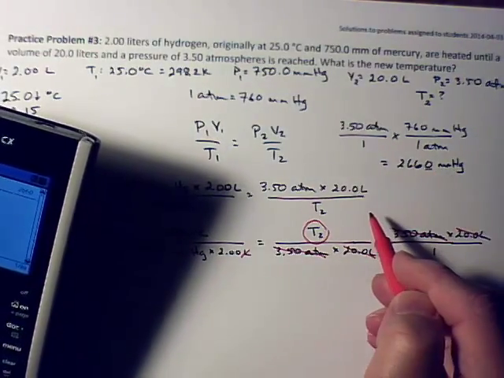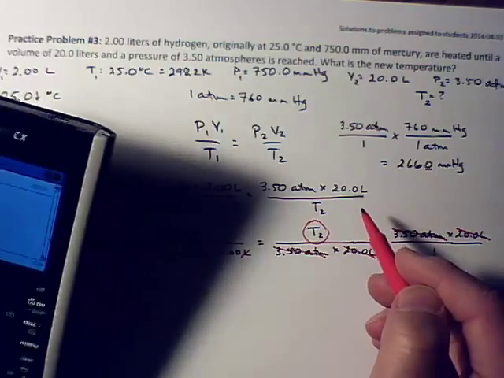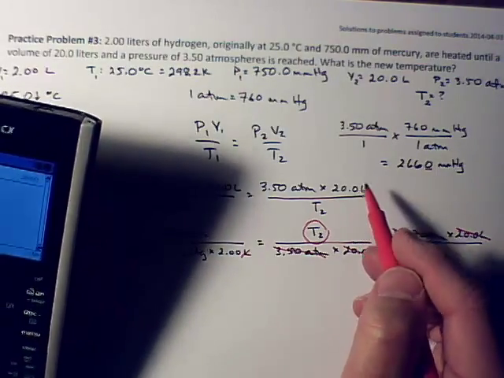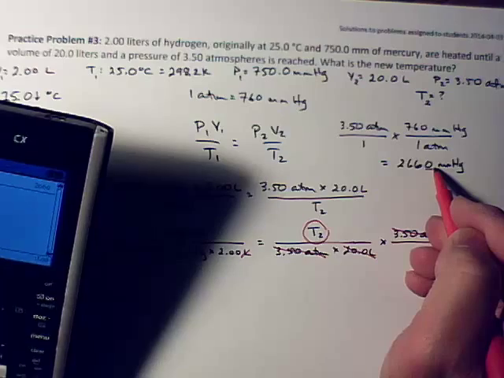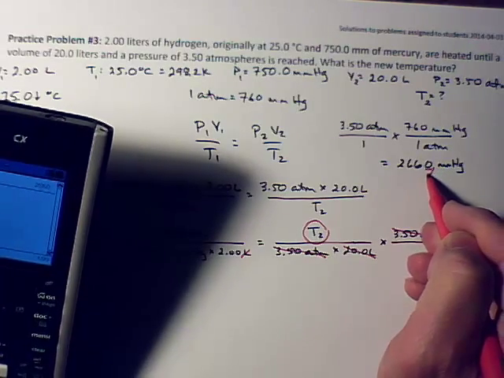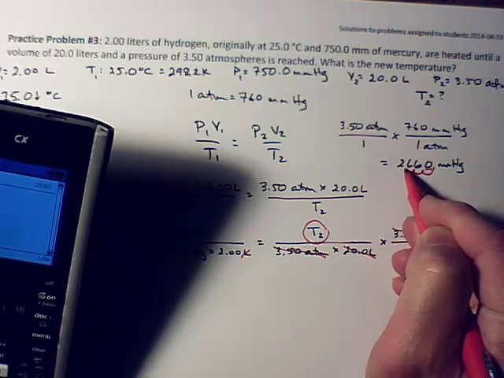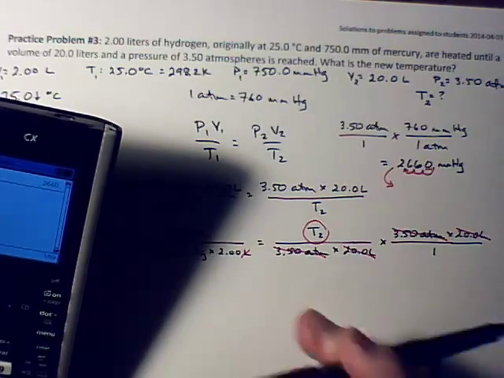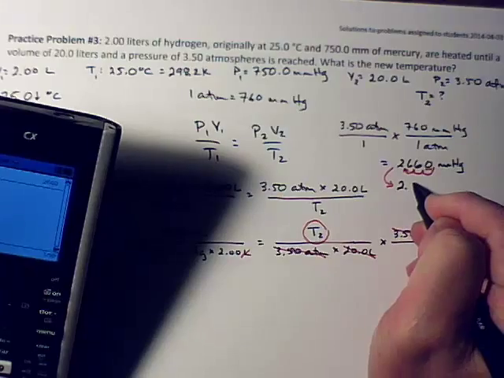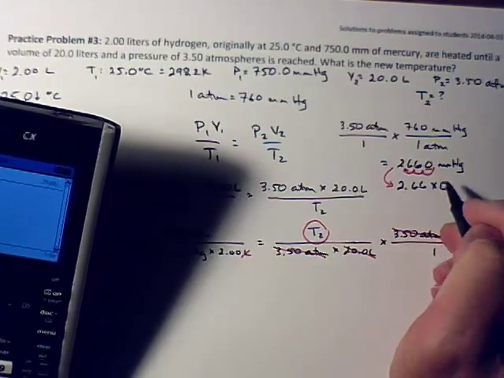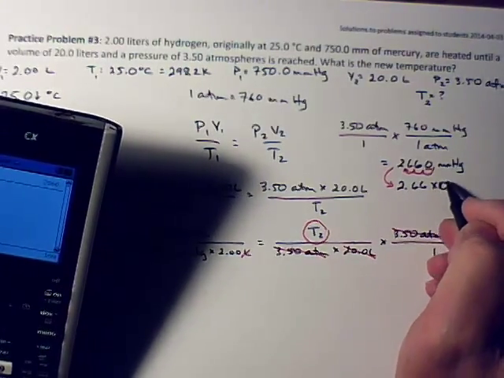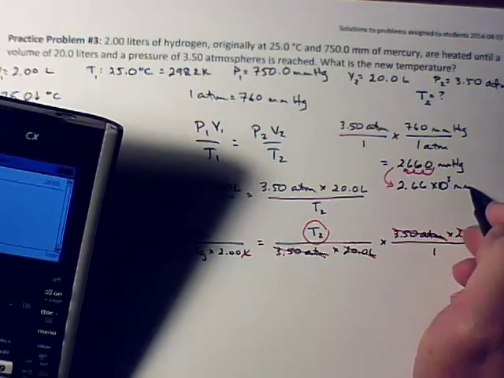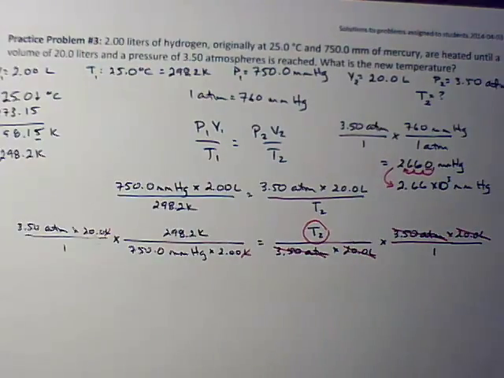Need to get rid of that digit, and anytime we get rid of a number in the ones place, you've got to use scientific notation. So the implied decimal place here gets moved 1, 2, 3 places to the left. We round it off to 2.66 times 10 cubed millimeters of mercury. Does that make sense?